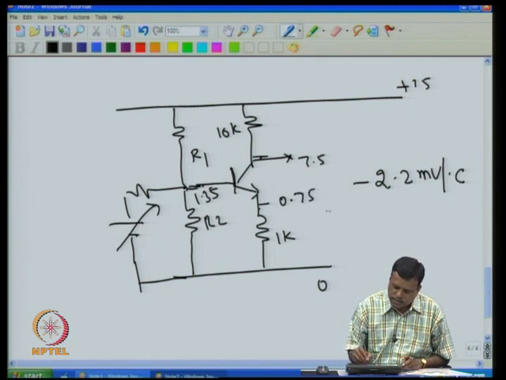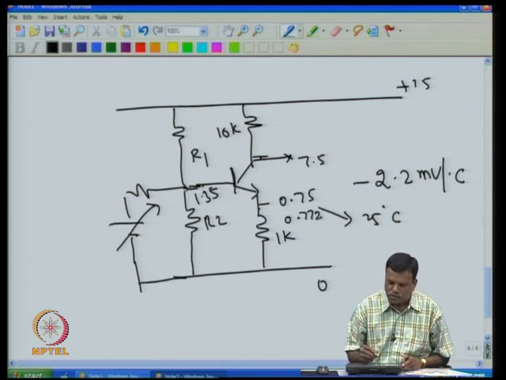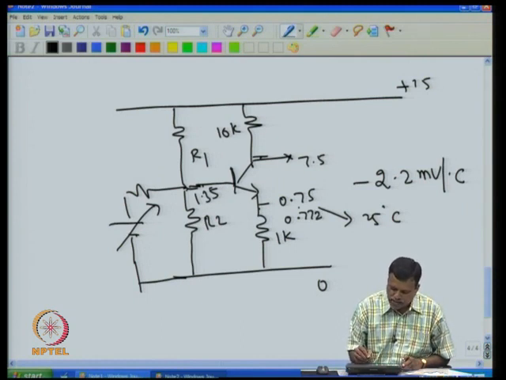This is the condition at 25 degrees C. Then when temperature goes up by, say, 10 degrees, the base emitter voltage will decrease by 22 millivolt, and that will make this voltage go up by 22 millivolt. That means this will not be 0.75, this will be 0.772.